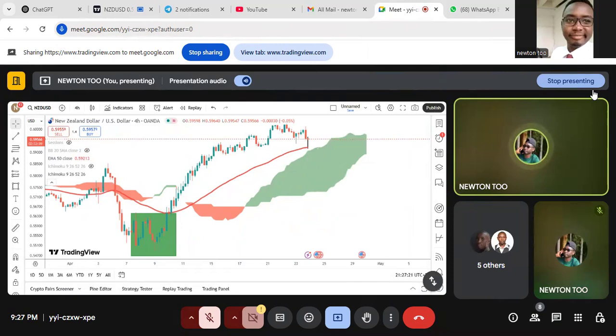Go on Chrome, type TradingView, and register. It's free, and they only ask for your email, no documents to upload. In about 2 minutes you're logged in. It's a free trading chart.